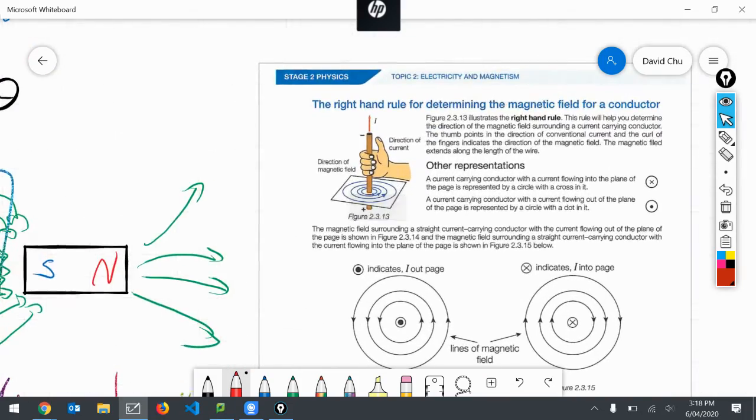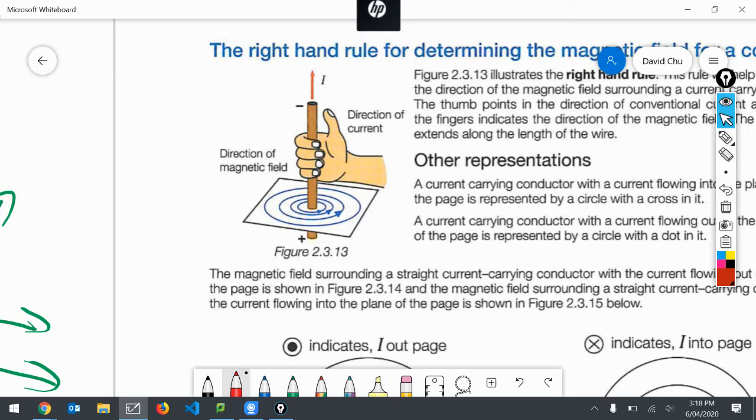The right-hand rule goes like this. If I have my current going up, then I put my right hand around the wire, and my fingers are going to tell me what direction the field is going. In this case, you do your little thumbs up.